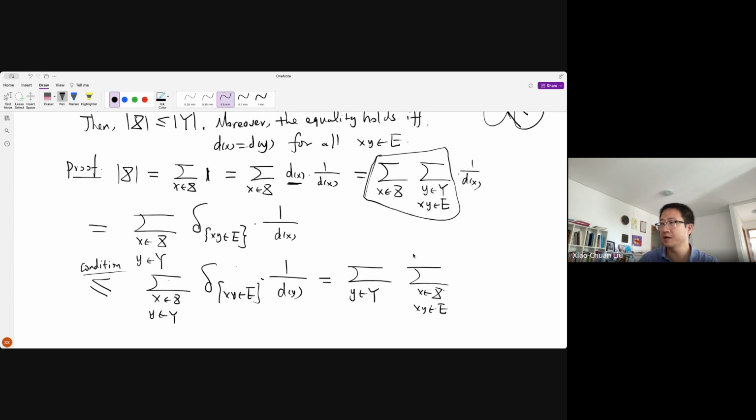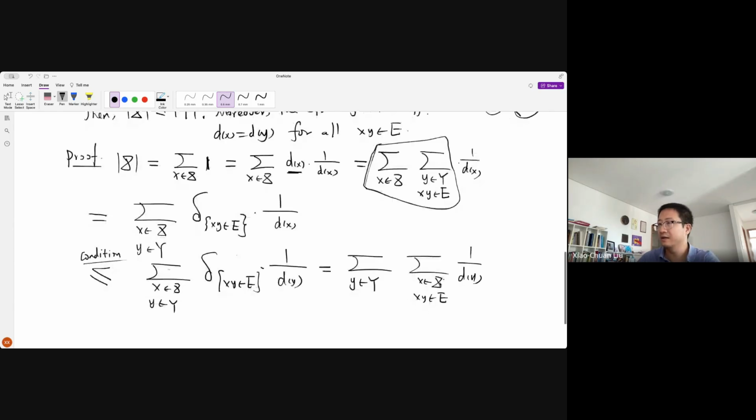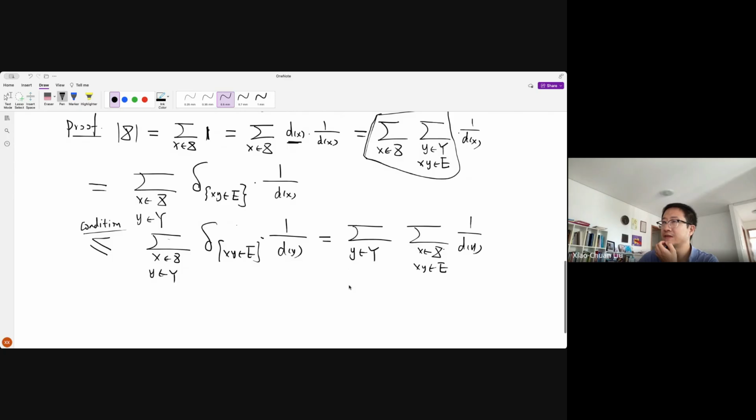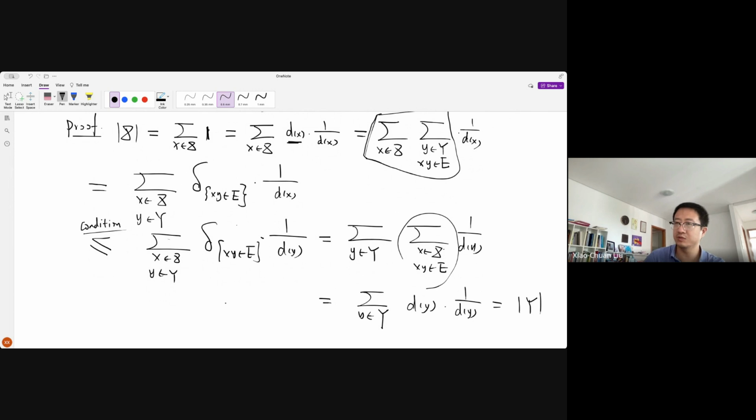Okay, so it's symmetric, and this is dy of course, and this guy is dy actually, and eventually it's the size of y. I got this. So this is the proof.